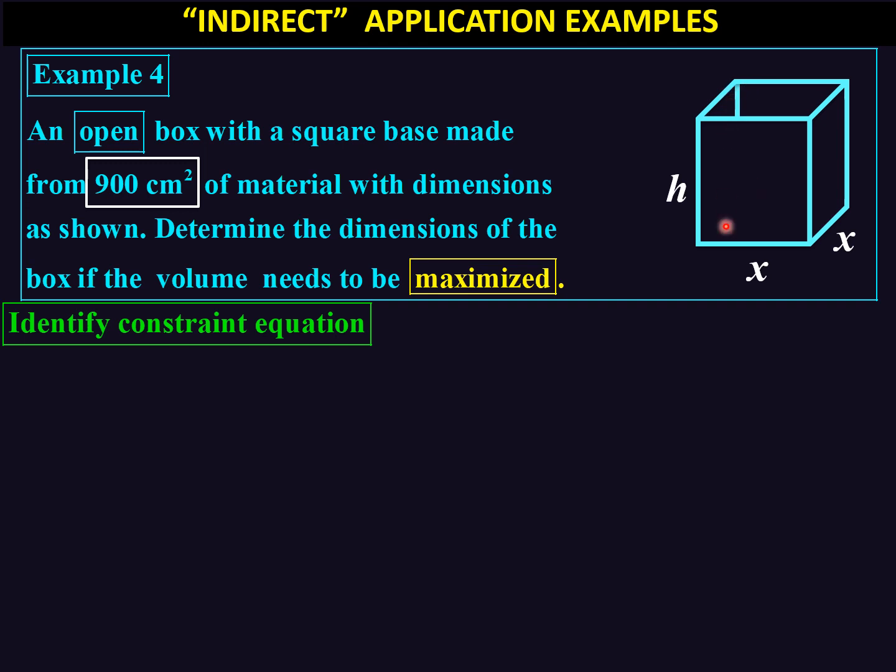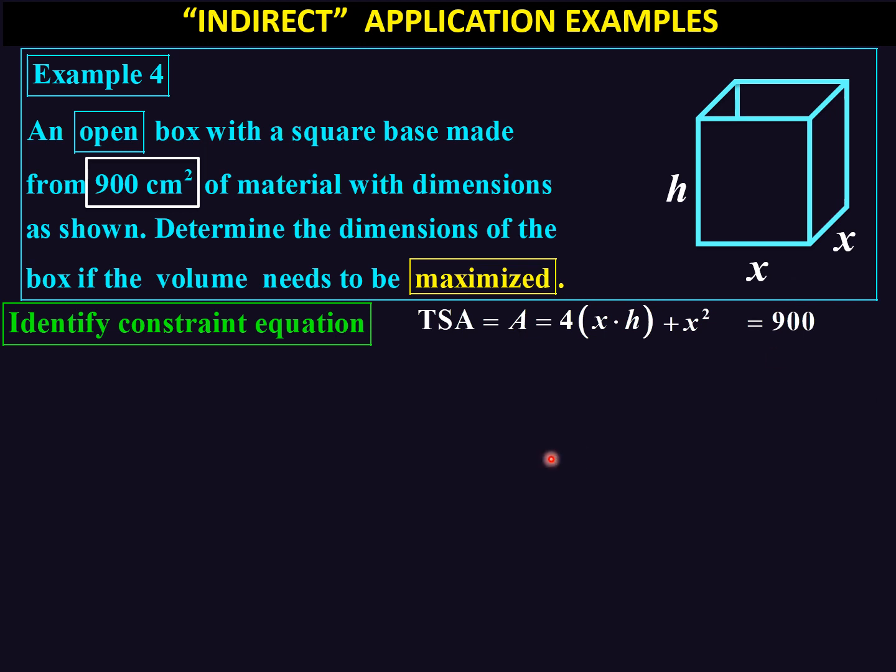So we have 4 x h's. In other words, the total surface area, TSA, will be 4xh, the 4 sides, plus the base, which is x squared. And that is given, as we're limited to that. It has to be 900 square centimeters.